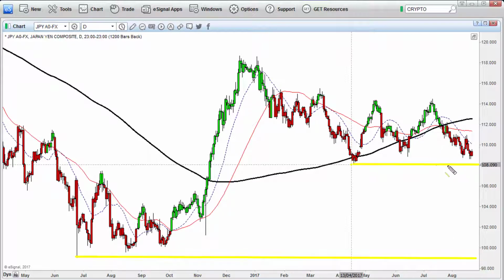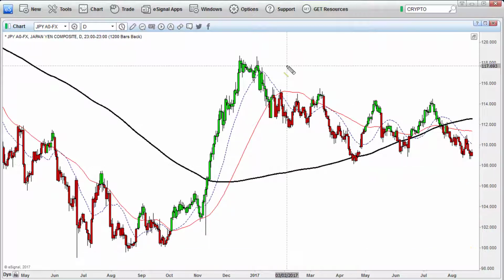So if price does decide to break through here, then we can potentially trade this down here. So just be patient for the meantime. There aren't many pips on offer, so I wouldn't bother trying to trade this just yet. I'll just wait for a break and close below here, then start shorting this forex pair.